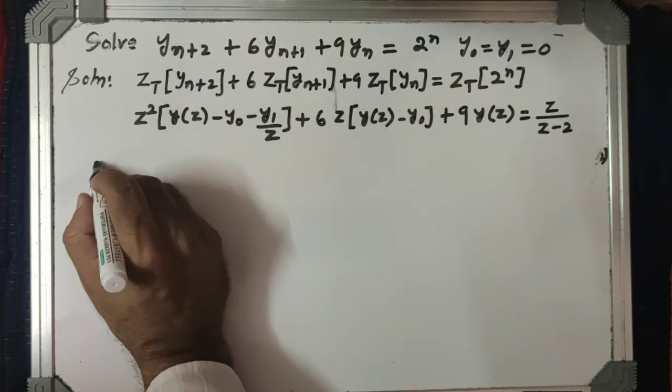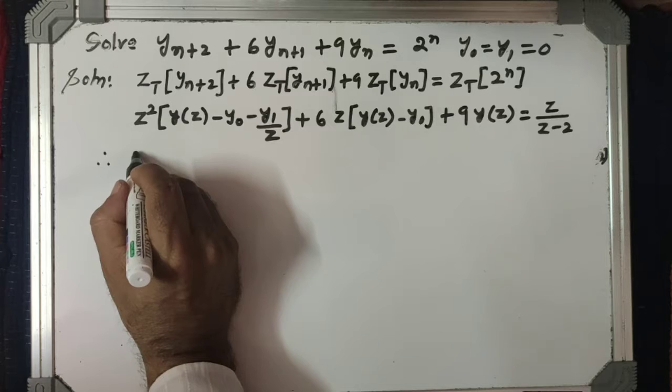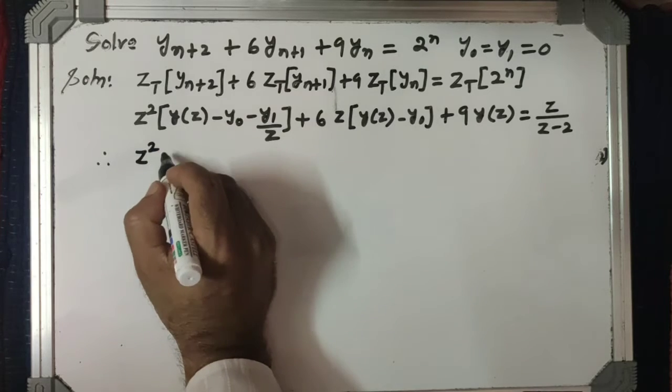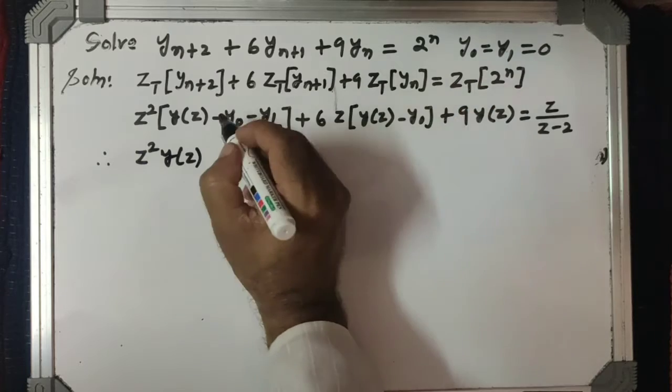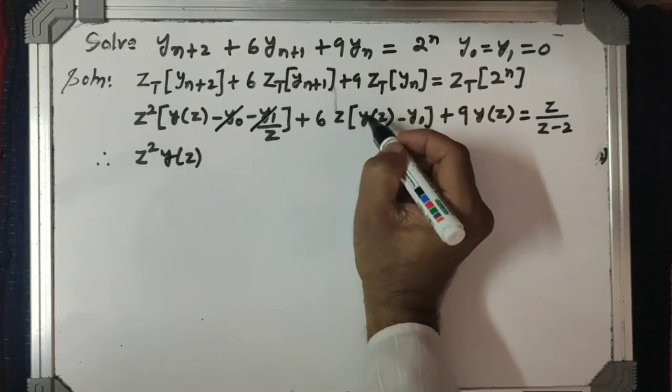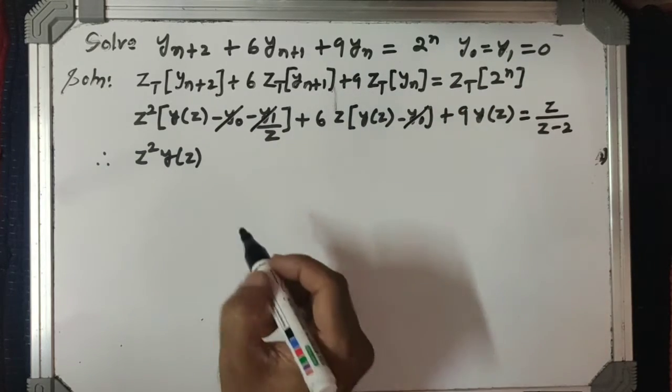So therefore we have Z squared into Y(Z), because y0 and y1 are equal to 0, so this term is 0, this is also 0, and y0 is also 0.